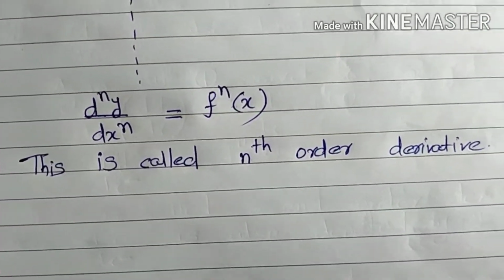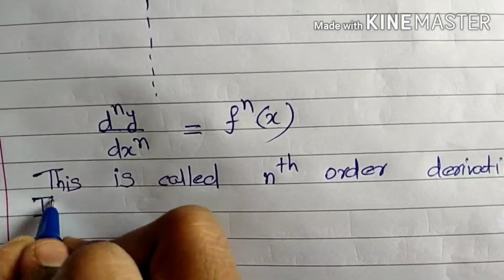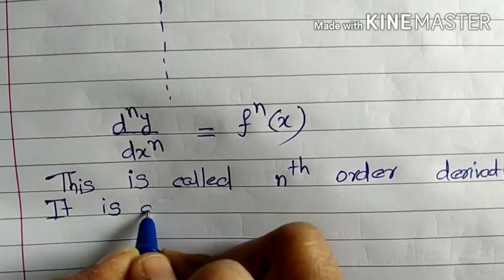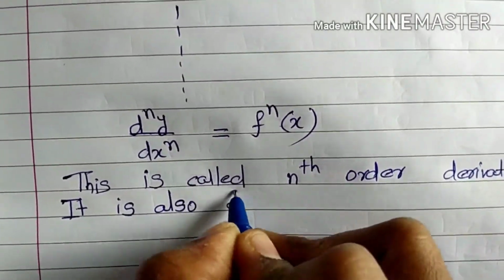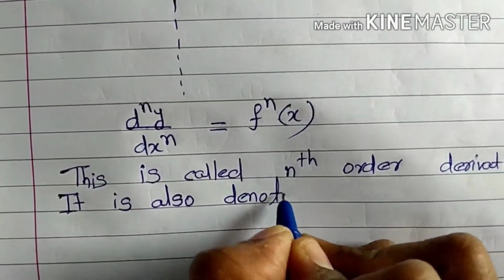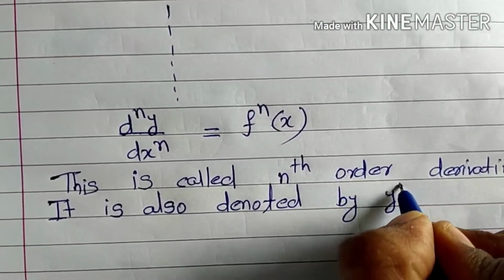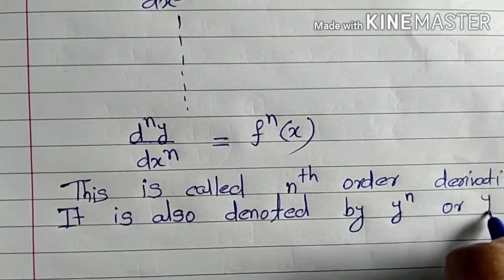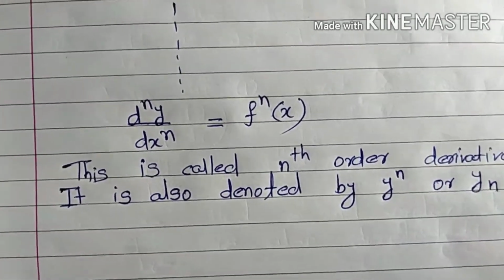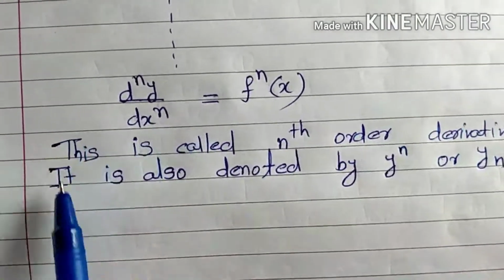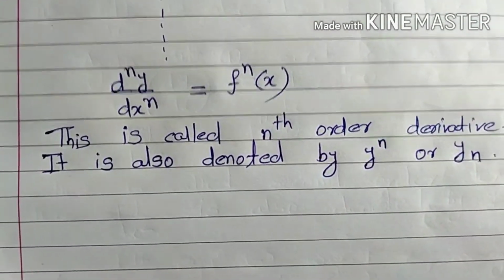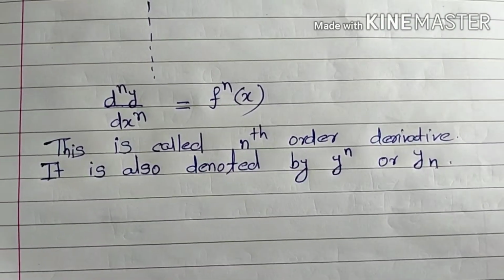It is also denoted by y raised to n or yn. So this is the higher order differentiation. Now there are some examples on it.